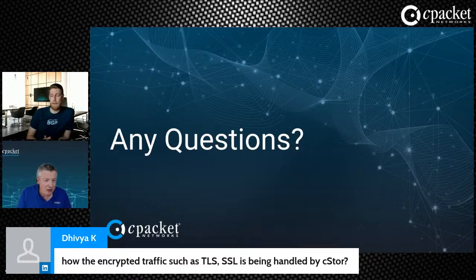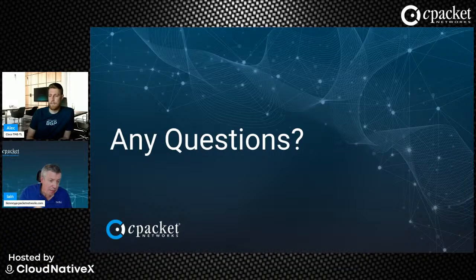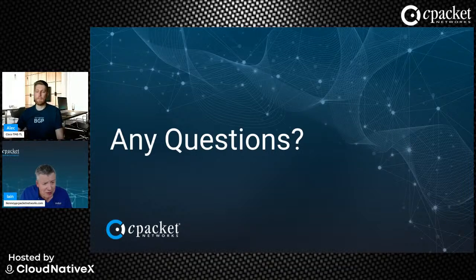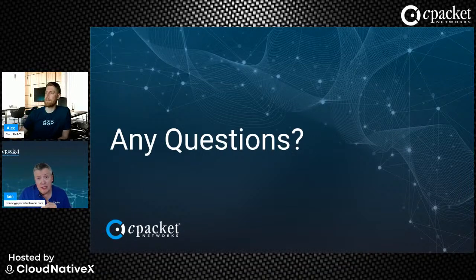Well, that is an excellent question. Appreciate that being put in. So once again, not trying to dodge the question. It's really a challenge. So cPacket is not doing any decryption of the actual data. What we usually do is we look at all of the header information that's being transited through, and we're able to help you understand what the handshakes are doing and what the cipher suites are doing, etc. Or you can go exactly the opposite, and say, well, it's an encrypted packet, so I'm just going to chop that.